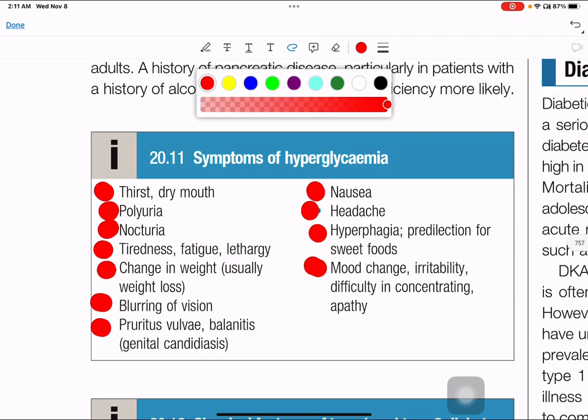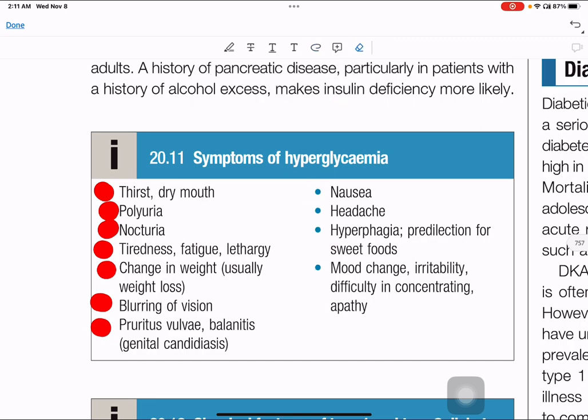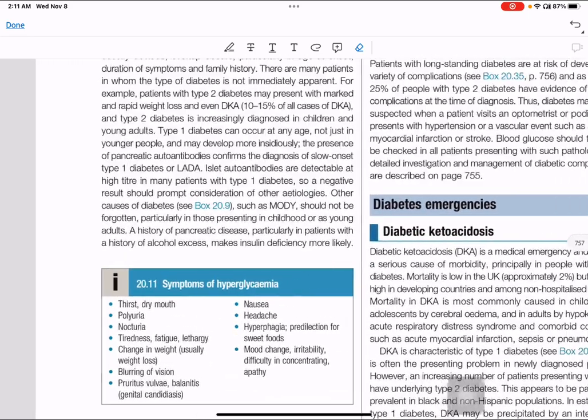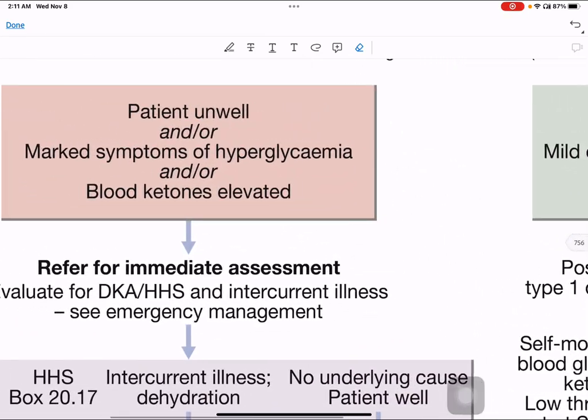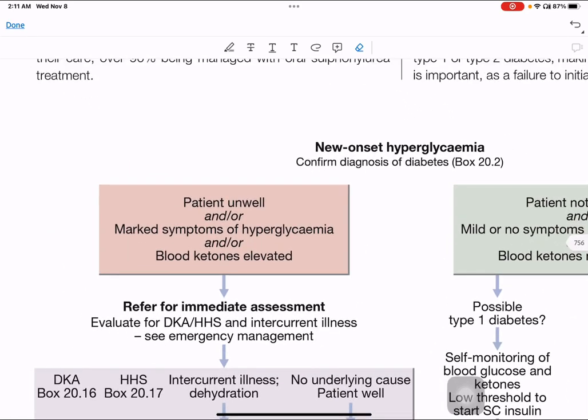So after that we should go again to the chart. If the patient is in group 2, that is, the patient is unwell with marked symptoms of hyperglycemia and elevated ketone bodies, here resuscitation of the patient is fast.